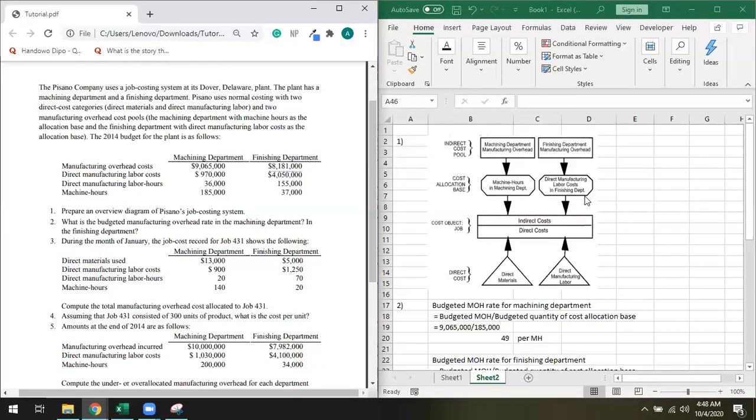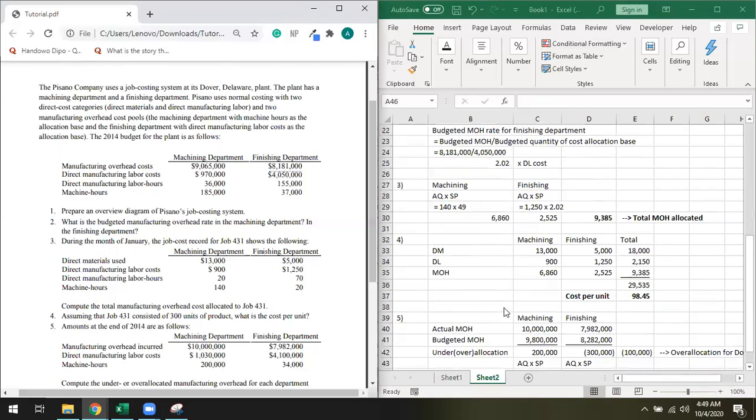So therefore, if each department has its own cost allocation base, a company may hope that it will provide a more accurate estimation of the manufacturing overhead allocated. So therefore, the adjustment made at the end of the accounting year wouldn't be that large because we already use the proper cost allocation base with clear cause and effect relationship for each department.